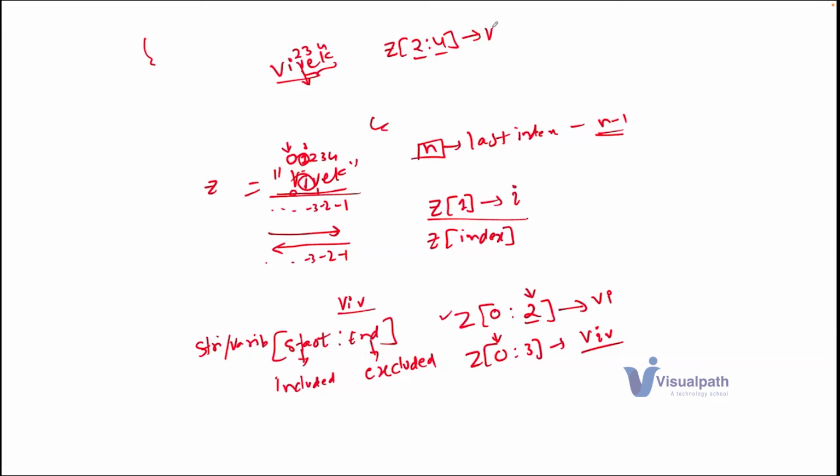It starts with V, and it gives you E also. Does it give us K? The reason is explained here: the start position is included, but the end position is excluded. That's the reason when you execute this, you will only get VE. But if you want this K also, then your code should be 2 colon 5, which will give you VEK as an output.